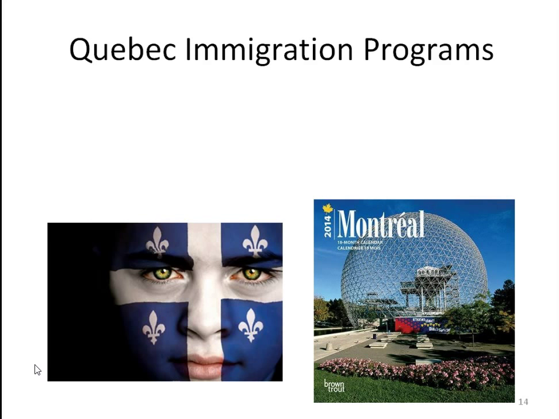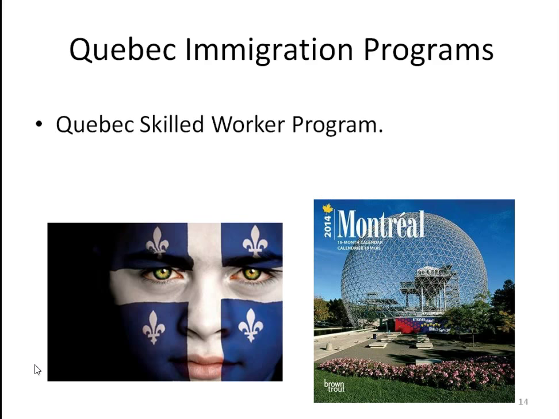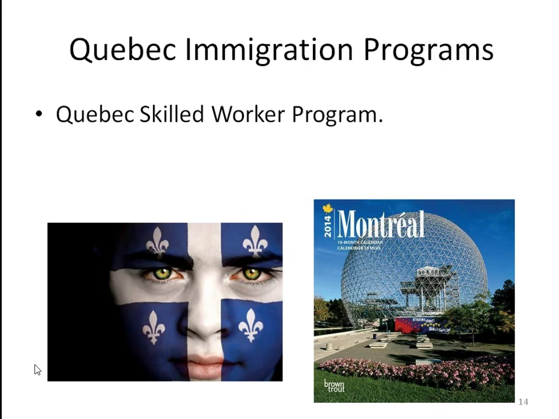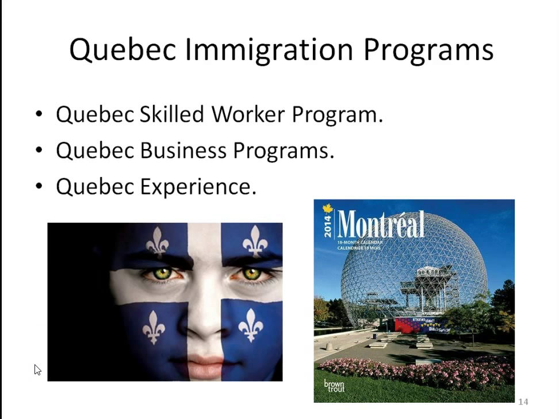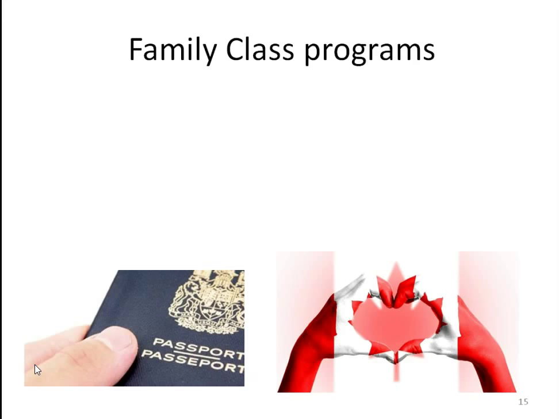Quebec manages its own immigration program, and among the choices that we can find in Quebec are the Quebec Skilled Worker Program, Quebec Business Programs, and Quebec Experience. The family class programs.